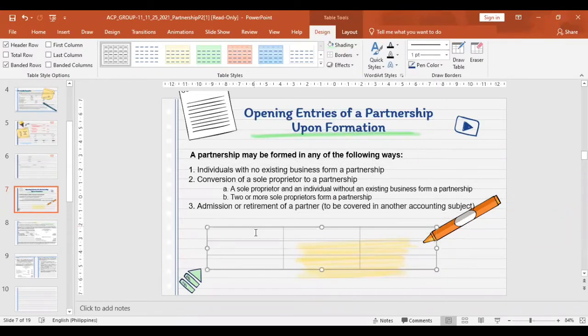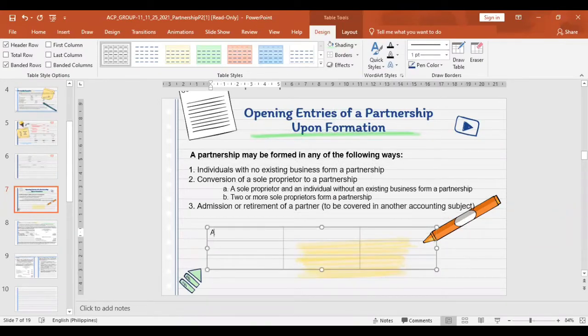For example, ikaw si A, then may kapartner ka na si B. So, ang partners niyo A, B. For example, ganun, partnership. A-B partnership, ganun. Ngayon, itong si B, meron siyang anak. May anak siya si C, ganun.